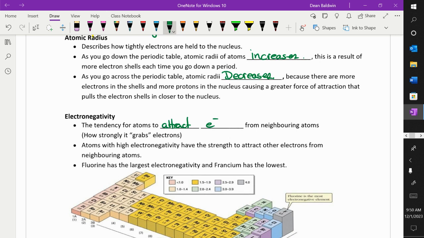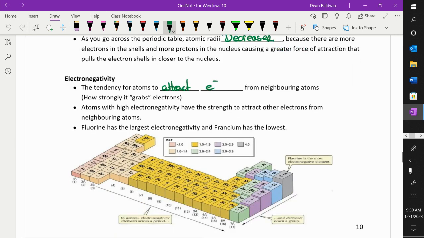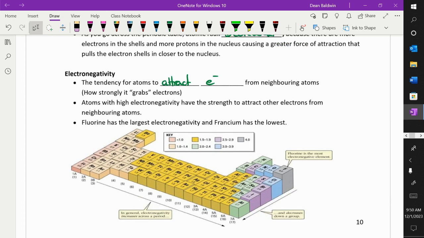Fluorine is the most electronegative, all right? Which coincides with its size, right? Fluorine is a small atom, because as we go across the periodic table, size decreases. And we know if size increases going down, it decreases going up. So fluorine has the highest electronegativity. It also has the highest what?